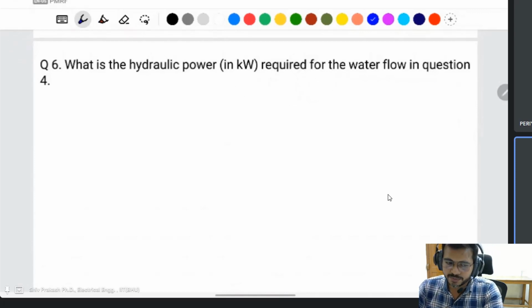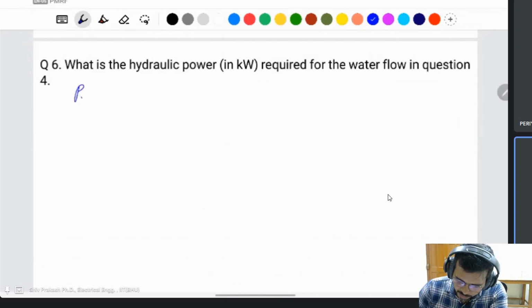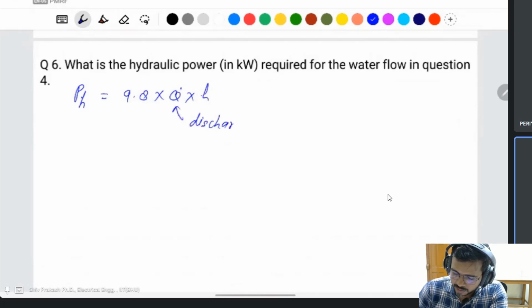In the same question, hydraulic power is rho into Q dot into g into H. Q is the discharge rate in meter cube per second, and H is the total head.